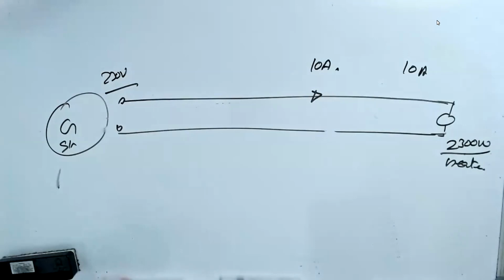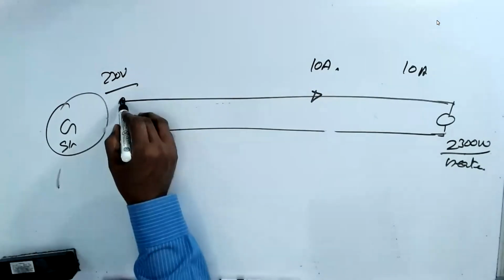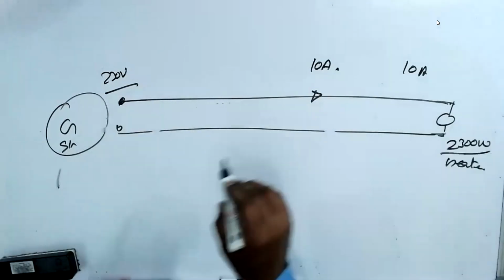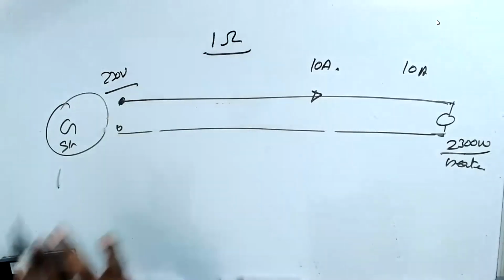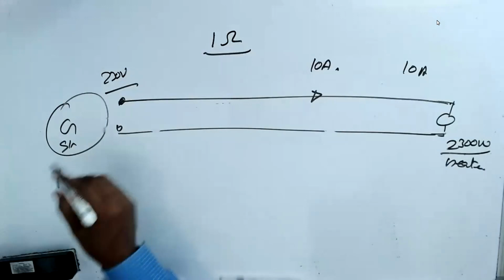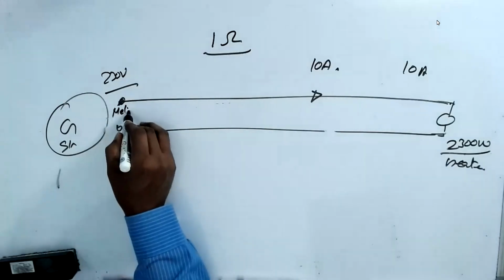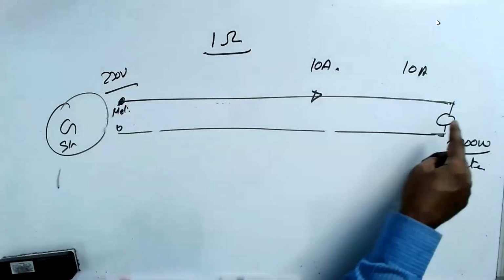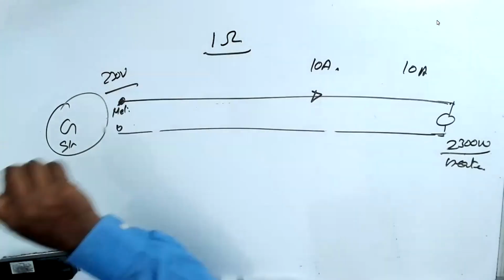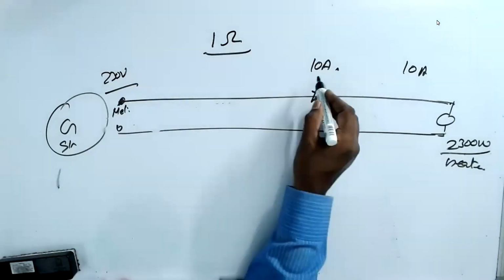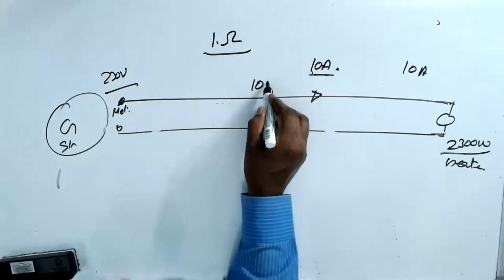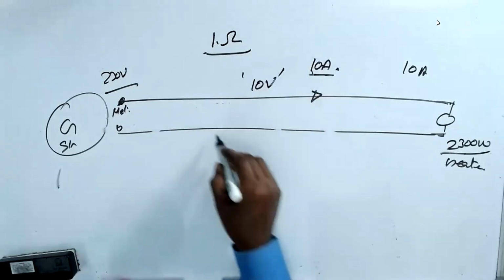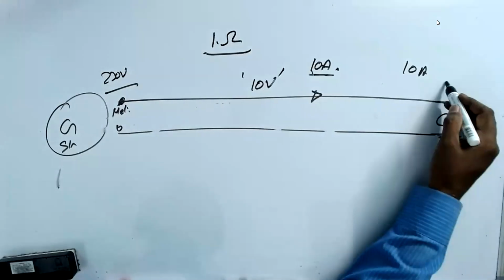Now, if the resistance from Mettur to your house, the wire, is 1 ohm, assuming, then 1 ohm into 10 ampere, the drop is 10 volt here. So you get here 220 volts.